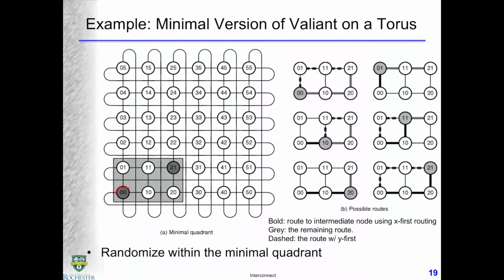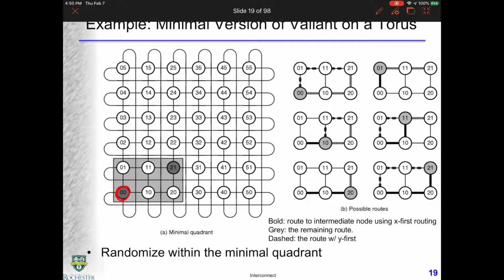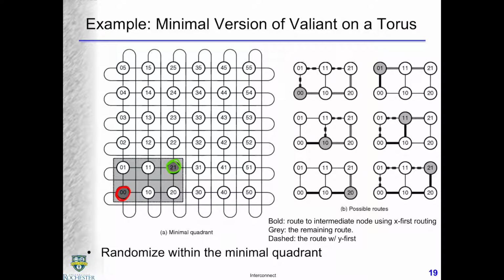You have the source node and a destination node, and that gives you a bounding box. This is 2D. Any n-dimensional torus, you can draw the bounding cube if you wish. Then you say that I'm doing a random version of it within that bounding box.